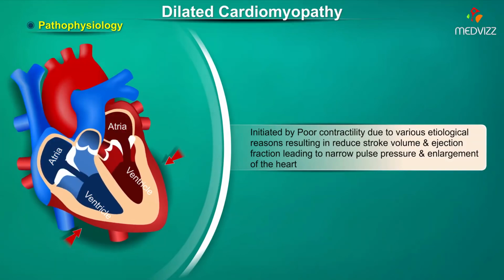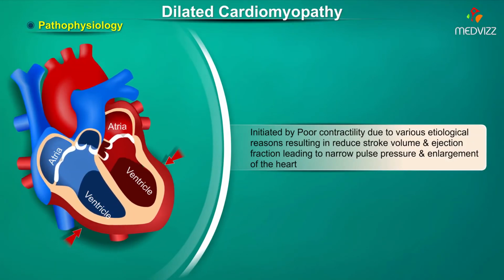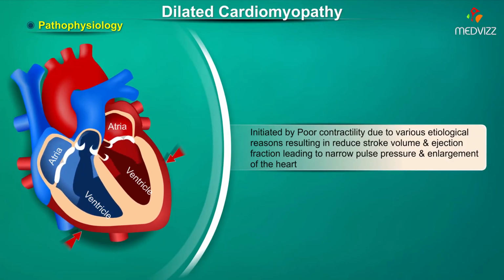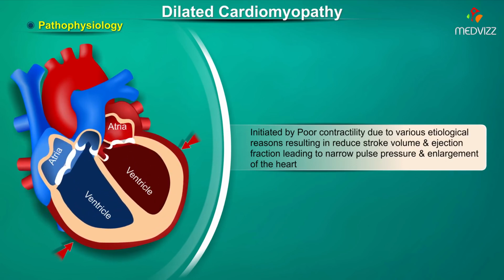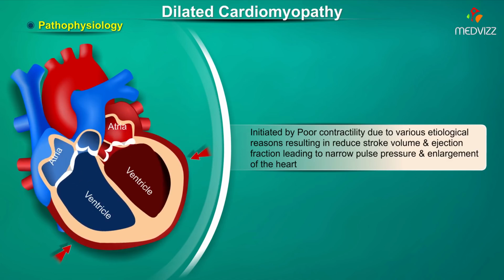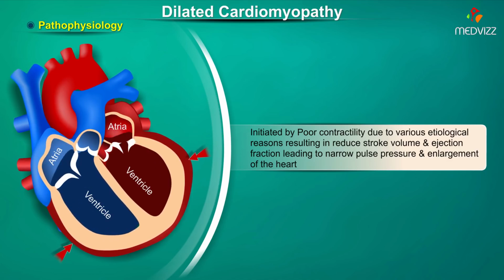The pathophysiology of dilated cardiomyopathy is initiated by poor contractility due to various etiological reasons, resulting in reduced stroke volume and ejection fraction, leading to a narrow pulse pressure and enlargement of the heart.